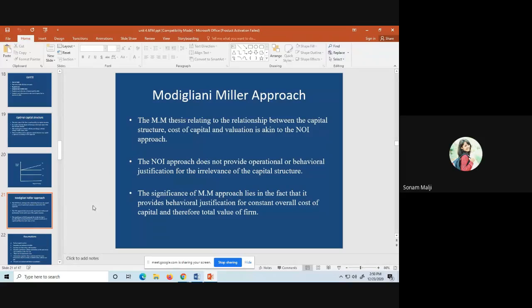No, ma'am, got it. So his theory is only this much, but he explains it using a lot of assumptions, a lot of propositions, and then there are a lot of people who have criticized him also. So there are a lot of criticisms also that we'll have to understand. And in doing all this, he gets into new concepts, like homemade leverage. Now, what is homemade leverage?